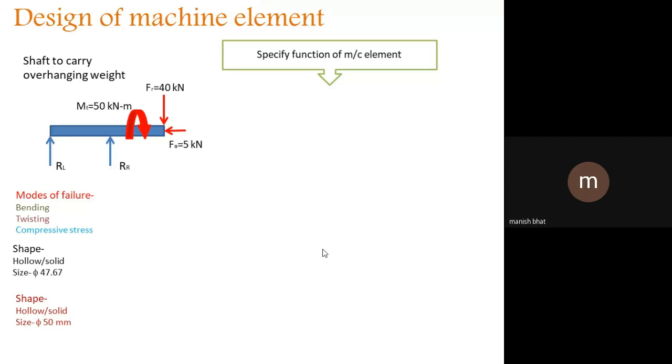So when I am supposed to design the shaft of a washing machine, I have to consider first what the function of the washing machine is, and then I will understand what the function of that particular shaft is. The shaft is supposed to support the drum, and the force acting on the drum is the weight of the wet clothing, and due to that some force will be acting on that machine element, number one.